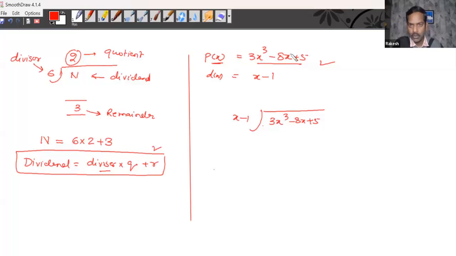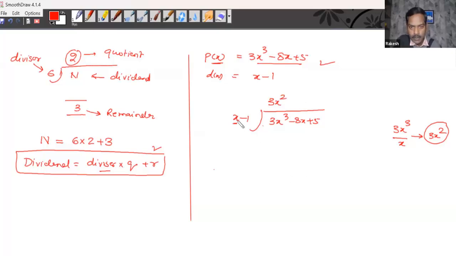Then x squared, which is missing, is the next highest degree, then I'm writing 8x, and here it is 5, right? So we have to write in that particular order, and then we focus on the very first term. The very first term is 3x cubed. Here the first term of the divisor is x. So we have to divide by x and find the quotient, and that quotient is 3x squared. So this term will become my first part of the quotient, right?